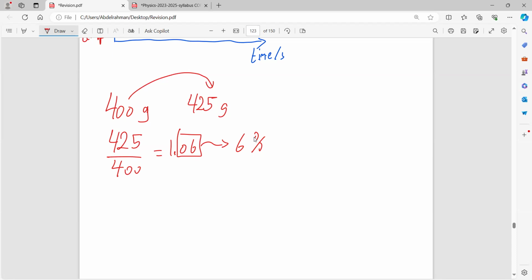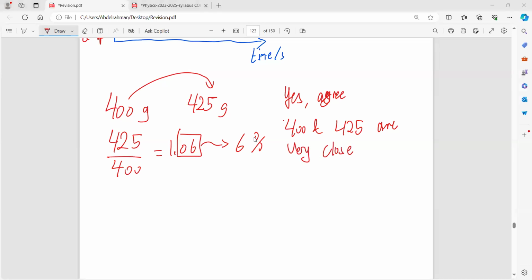Are they acceptable? Yes, they are acceptable. But are they the same number? Yes, they are the same. Why? 400 and 425 are very close together, even though you might think that they are quite far apart.